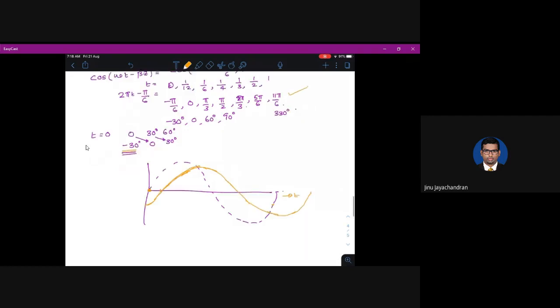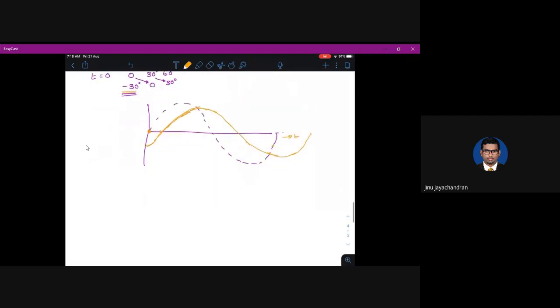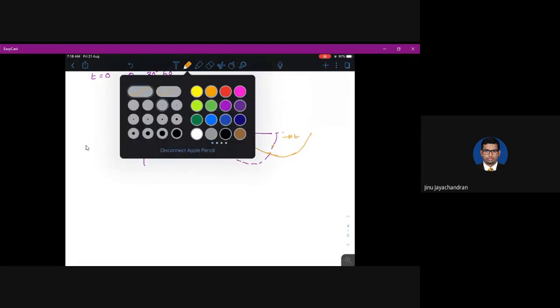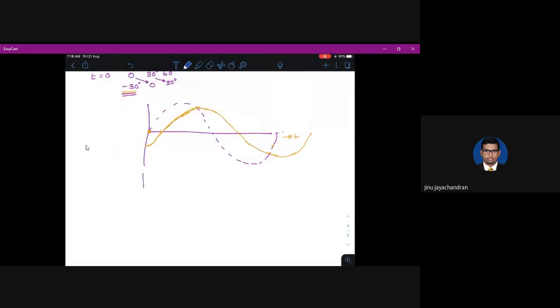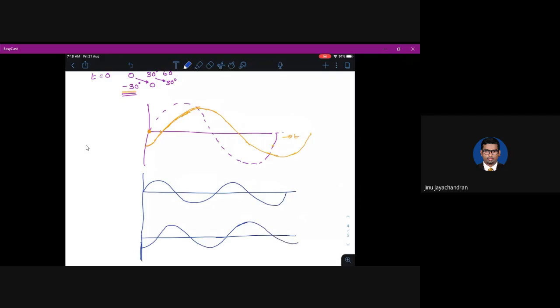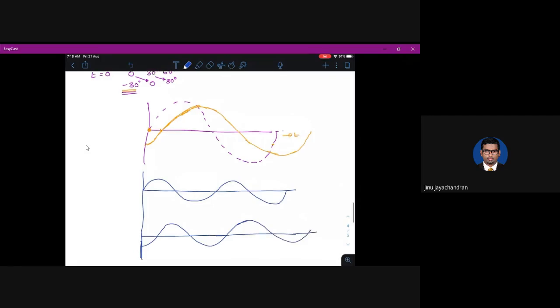If you draw them separately, we can see there is a shift in the waveform.